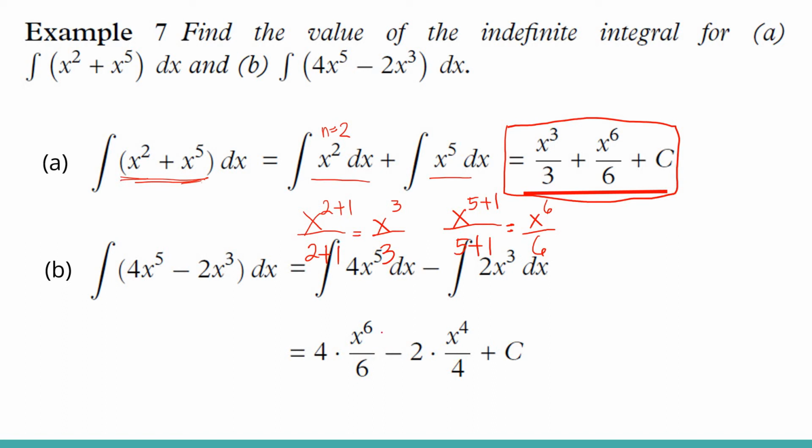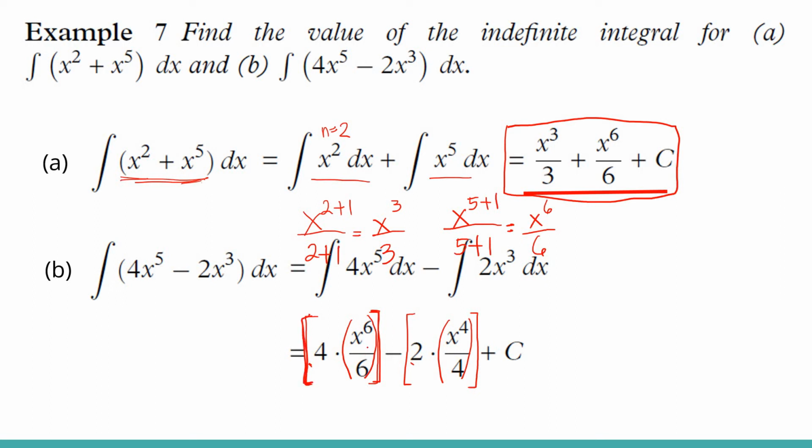If you are confused about this one, you can put a bracket like this, and then inside the bracket you can put it here to be clearer. So, you cannot subtract the 2 here directly from the 4. It's not possible because they are in different integrals.